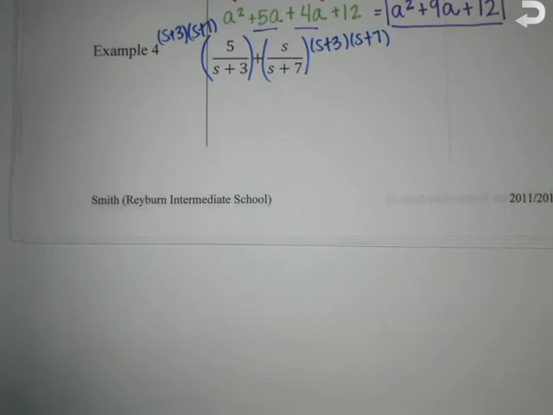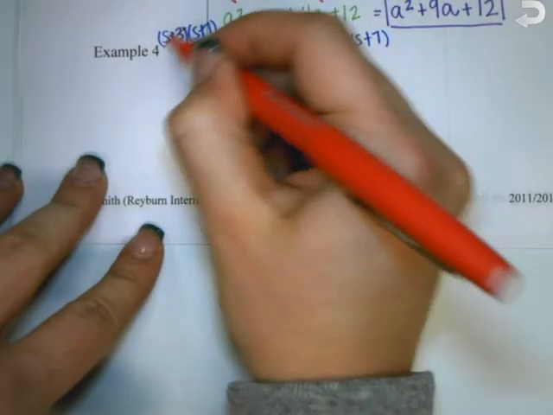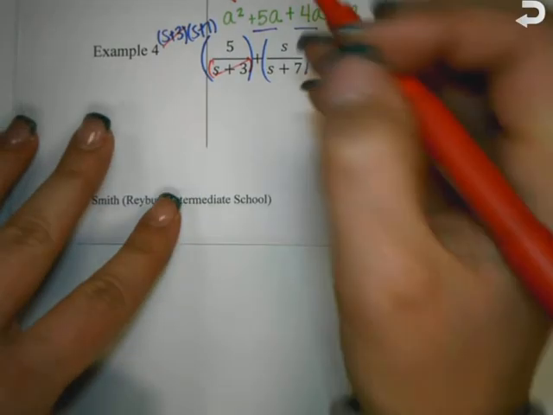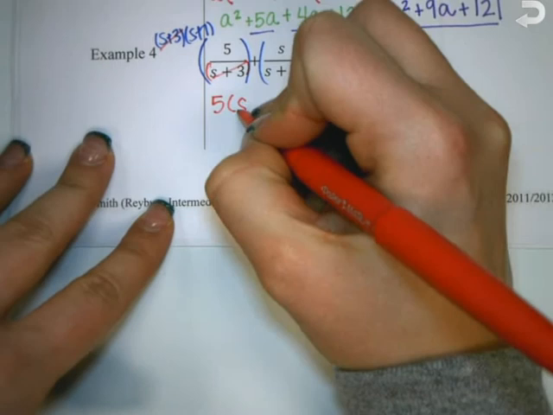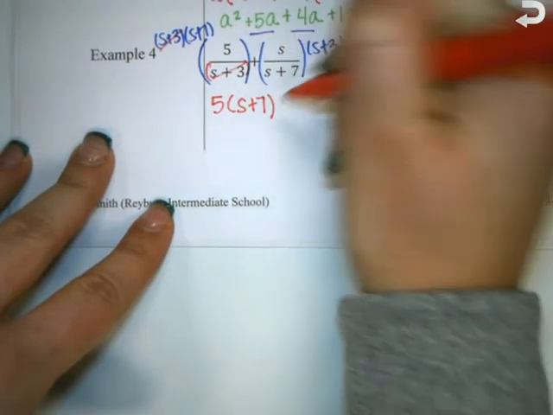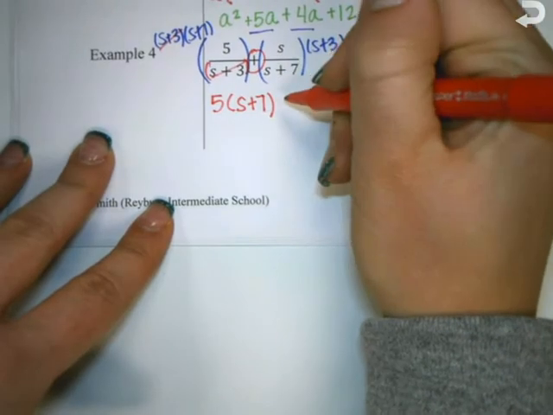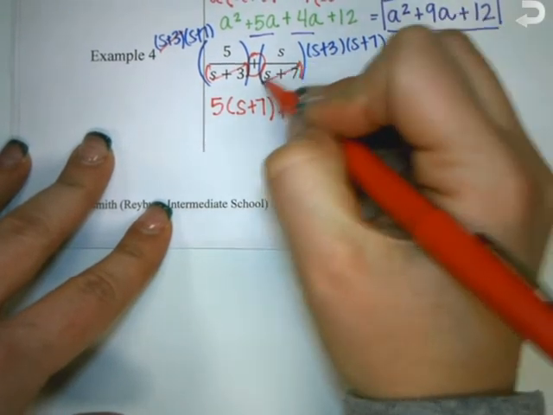S plus 3 and S plus 3, right? So we are left with 5 times S plus 7. Okay, plus, what cancels here? The S plus 7, so S times S plus 3. Good. Okay.